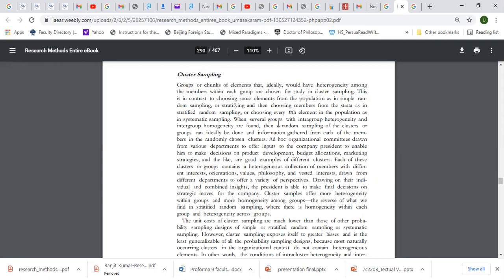So what you do is you first take a sample, and you do simple random sampling or stratified random sampling on the basis of your own choice, and then you choose members from whatever sampling you have already done. Let's suppose I give you the example of simple random sampling.